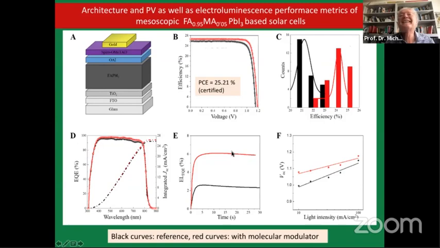That's really what changes the game, because there are always defects at interfaces. And how can you take care of the defects? If you do, the perovskite will deliver very high efficiencies. Here, our certified efficiency is 25.2. In the lab, we have already obtained higher efficiency.